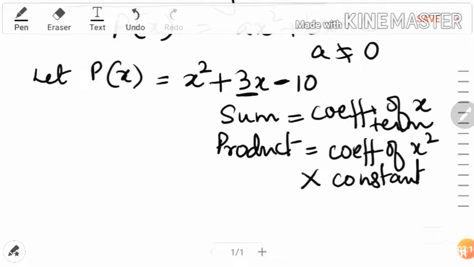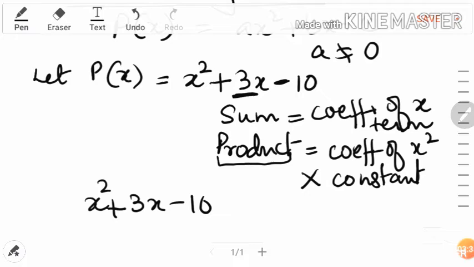So what we have to do is we have to factorize the product and get two numbers such that their sum is the middle term, in x square plus 3x minus 10.